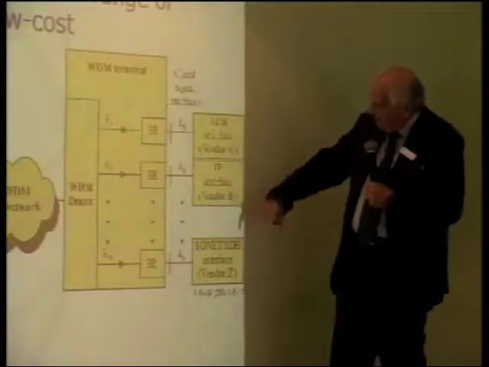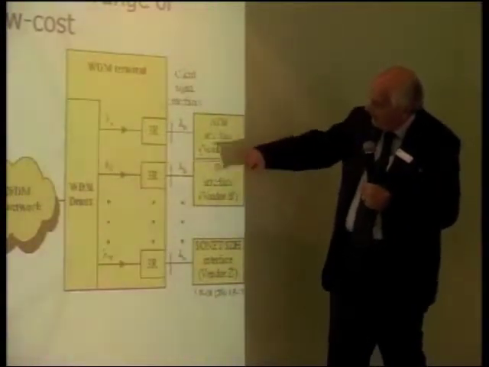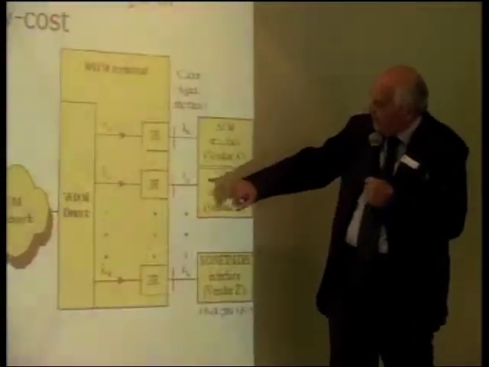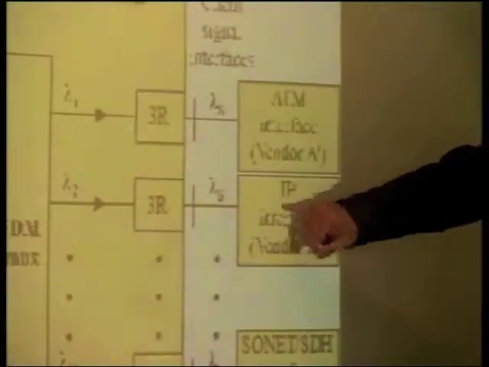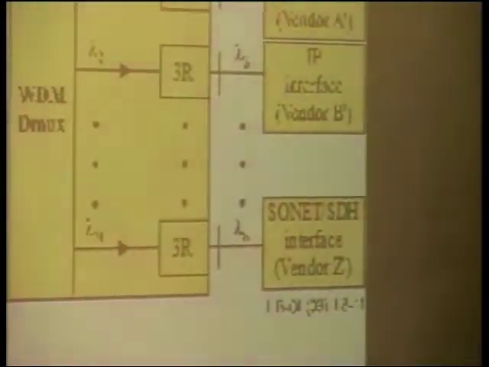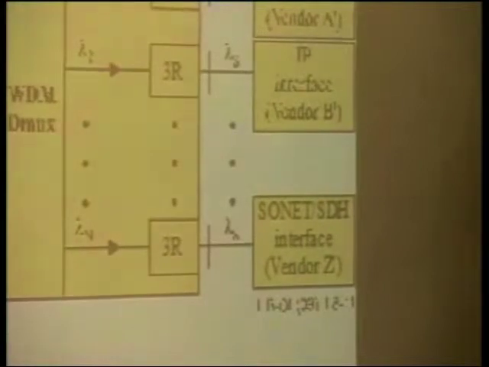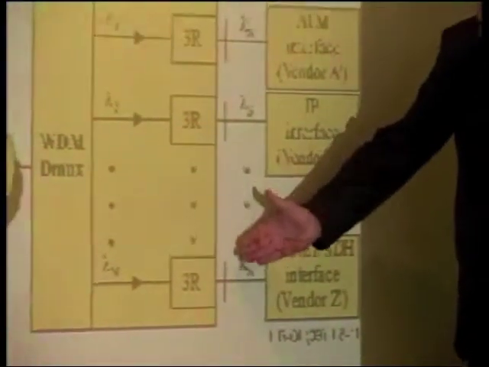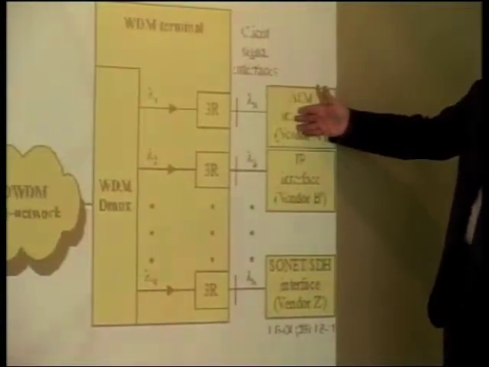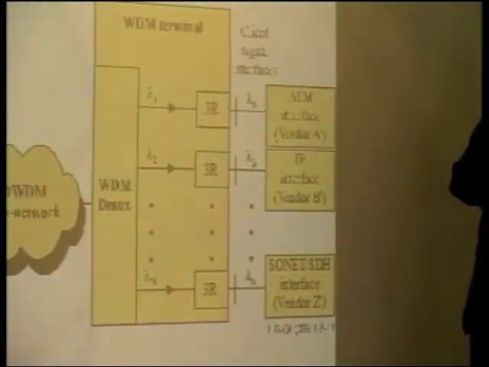It is not clear, but you can see it in the handbook. This lambda is used for ATM transmission. This lambda is used for IP transmission. This lambda is used for SDH transmission. So we have different interfaces, and different vendors can sell us the transmitters.